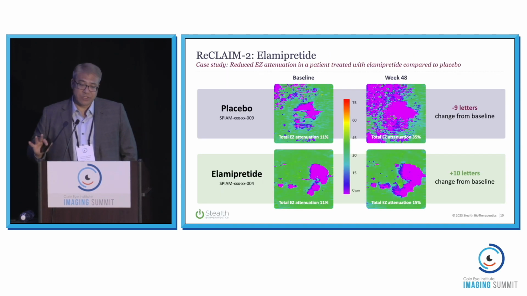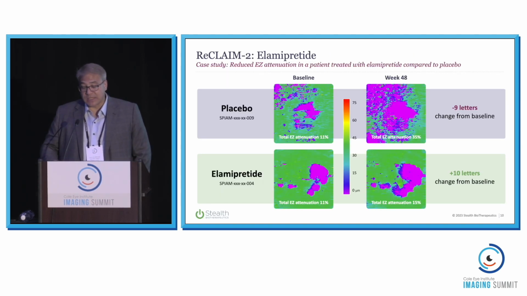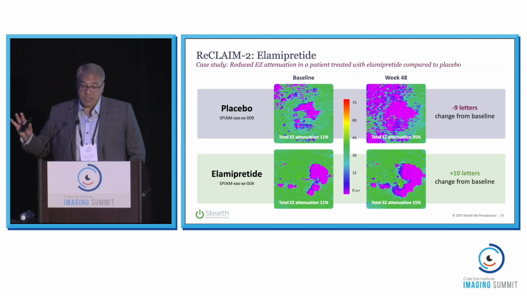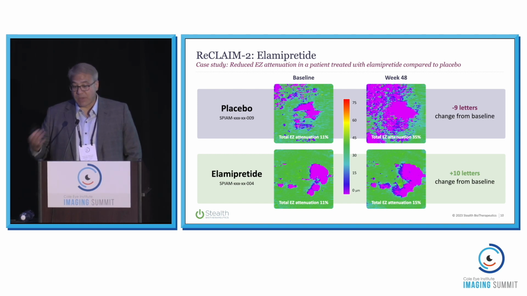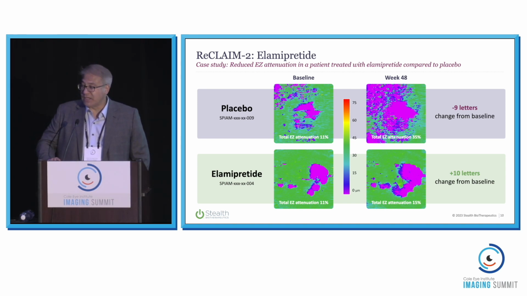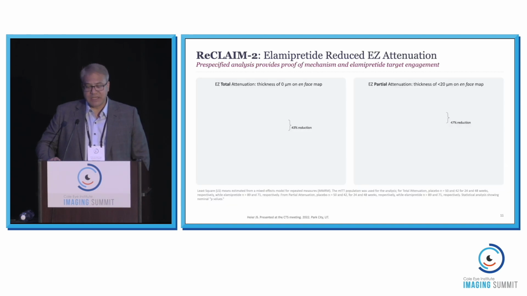This just shows you what Justice's team has done, which is the dramatic increase in EZ attenuation shown on the top in the sham-treated patients versus the elamipretide-treated patients at the bottom. And it also correlates with the visual acuity outcomes with this drug. So it was a statistically significant reduction in total EZ attenuation. This is now an FDA-approved endpoint, and so this drug is going to move into phase 3 shortly.